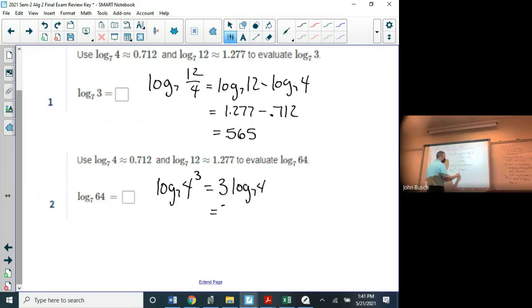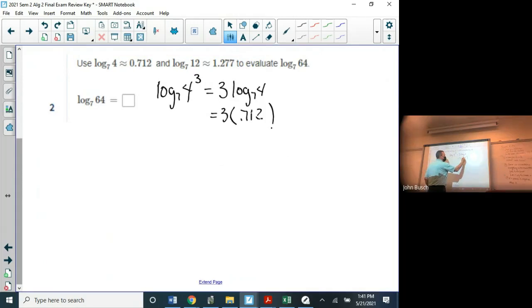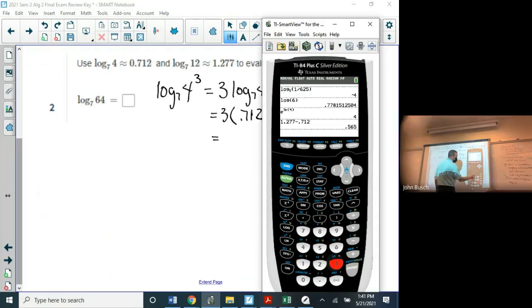And then we can replace the log base 7 of 4 with 0.712, and get the answer, 2.136.